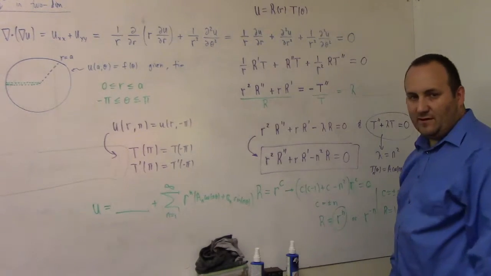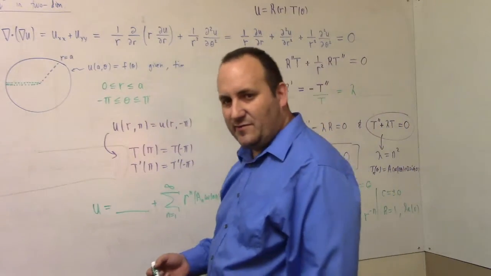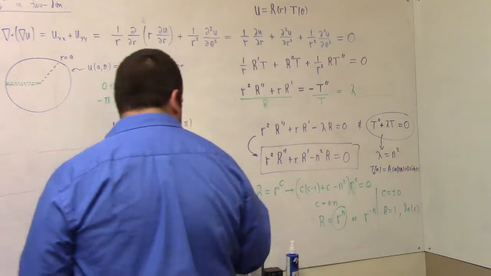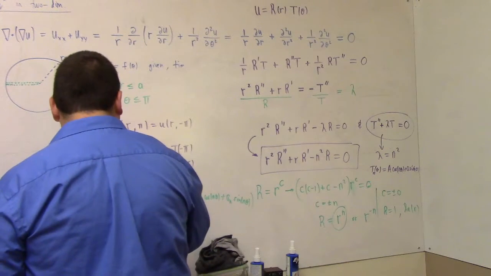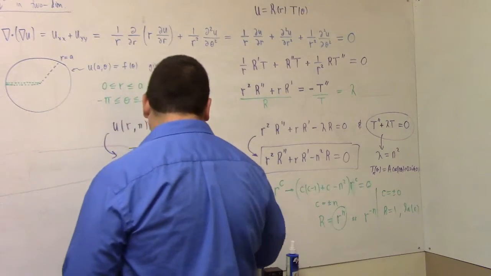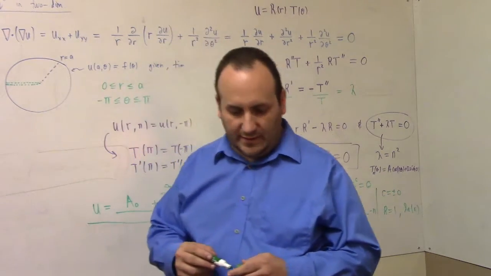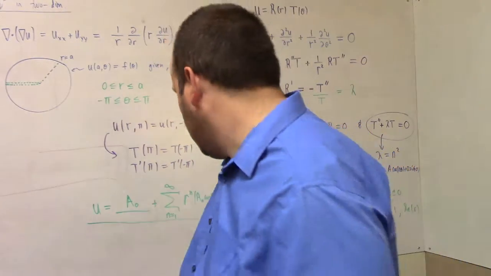But again, log r we throw out, because what I said about L'Hopital's rule a bit earlier was nonsense. So I think we just get a constant. Generically speaking, that is what the solution would look like to Laplace's equation on a disk in terms of polar coordinates.